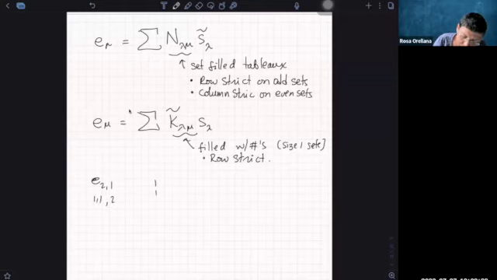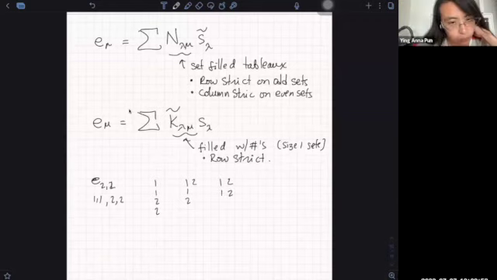Maybe I say 2 here so that it's more interesting, so you have 2 2s. The condition is that there cannot be 2 1s in the same row or 2 2s in the same row. So you could put 2 2, or you could have 1 1 2 2. But now the sets are size 1.